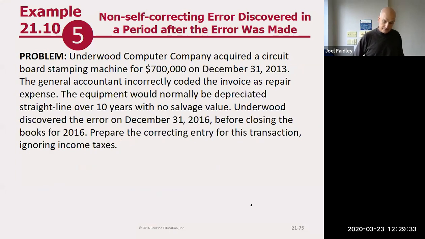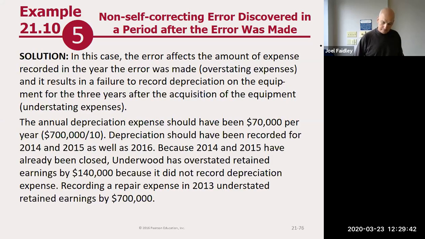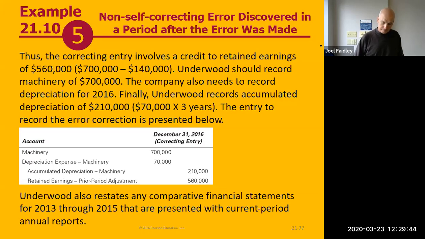Well, let's continue on here. Underwood Computer Company, same information, $700,000. There it is. Maybe I fat fingered it. So there's my machinery, $700,000.